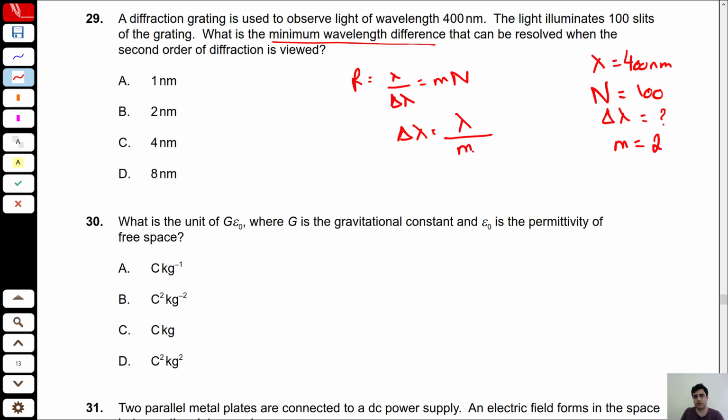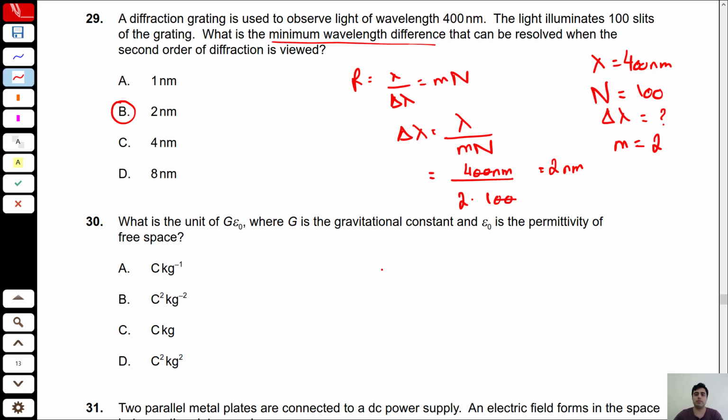So let's substitute everything. Our wavelength is 400 nanometers, m is the order, which is 2, times N, the number of slits, which is 100. You can see the zeros cancel out. 4 divided by 2 is 2 nanometers, which is the answer. So question 29 is B.